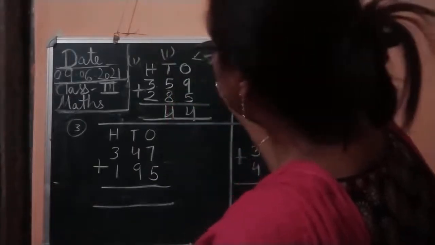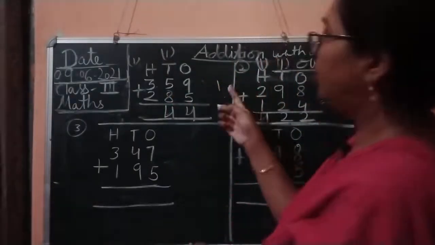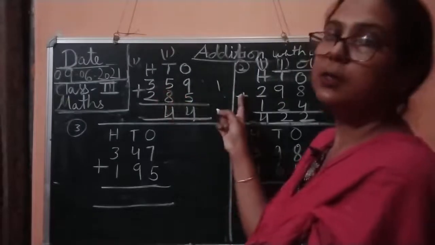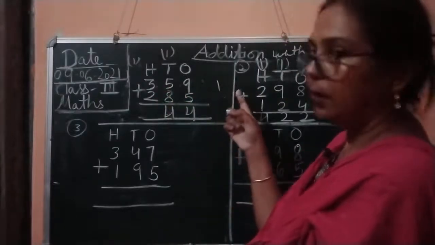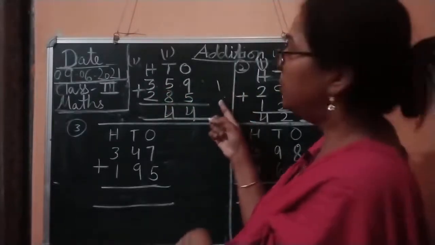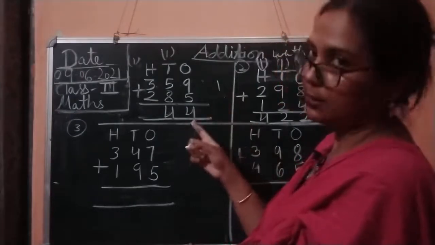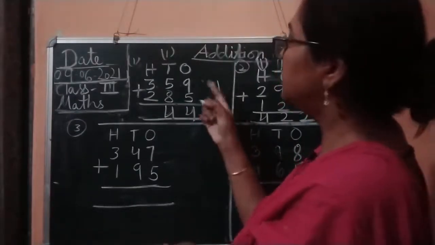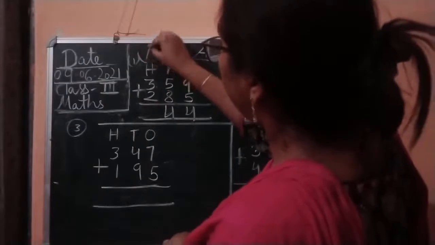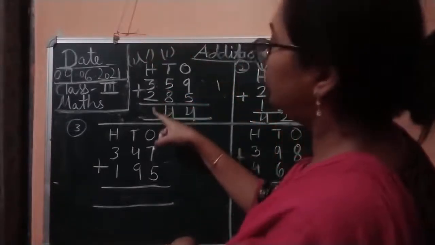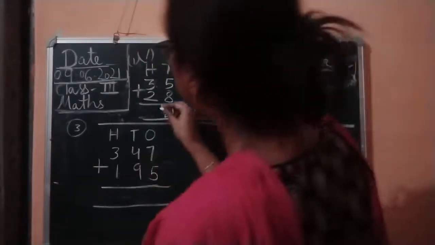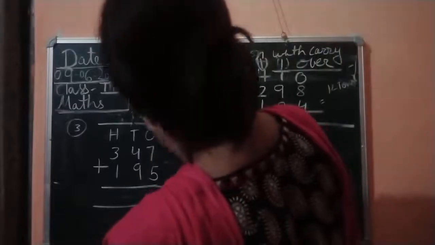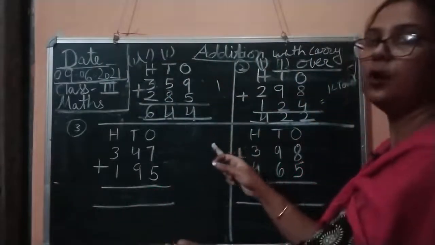So 14 is the answer. 1 will be carried to the hundreds because this is 14 tens, so here you can see 100 and 4 tens. So that is why we will carry this 100 to the hundreds column. 3, 2, 5 plus 1, 6. So the answer is 644.